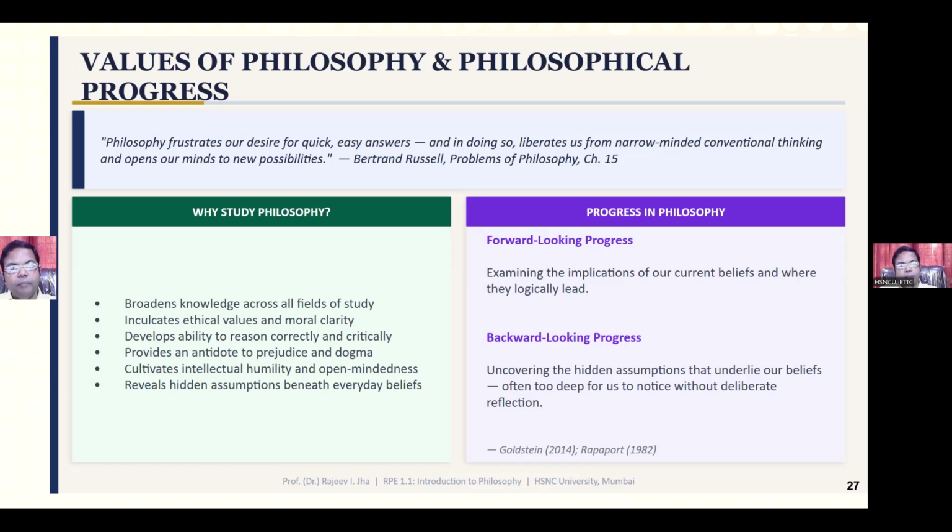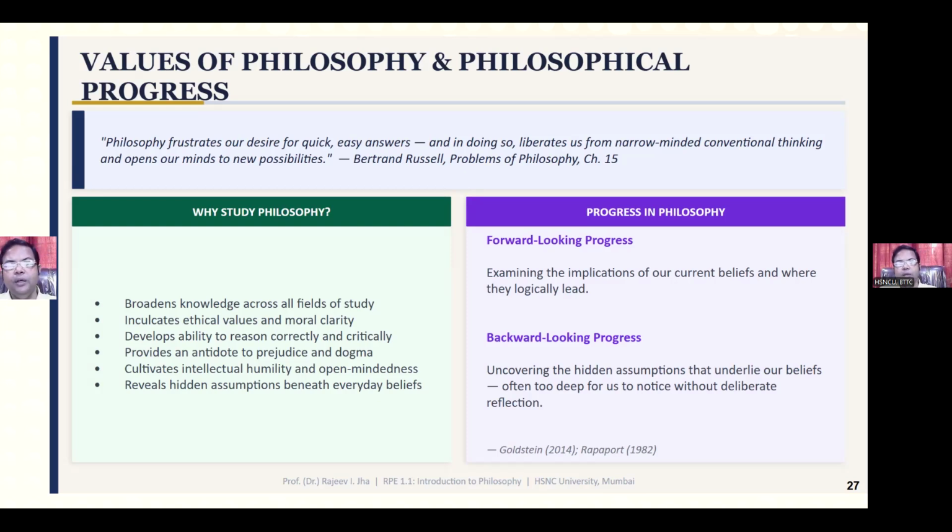Its value lies precisely in the fact that it does not give us easy answers. In chapter 15 of The Problems of Philosophy, Russell argues that philosophy liberates us from narrow-minded conventional thinking by refusing quick answers to big questions, by revealing just how hard it is to settle those questions.